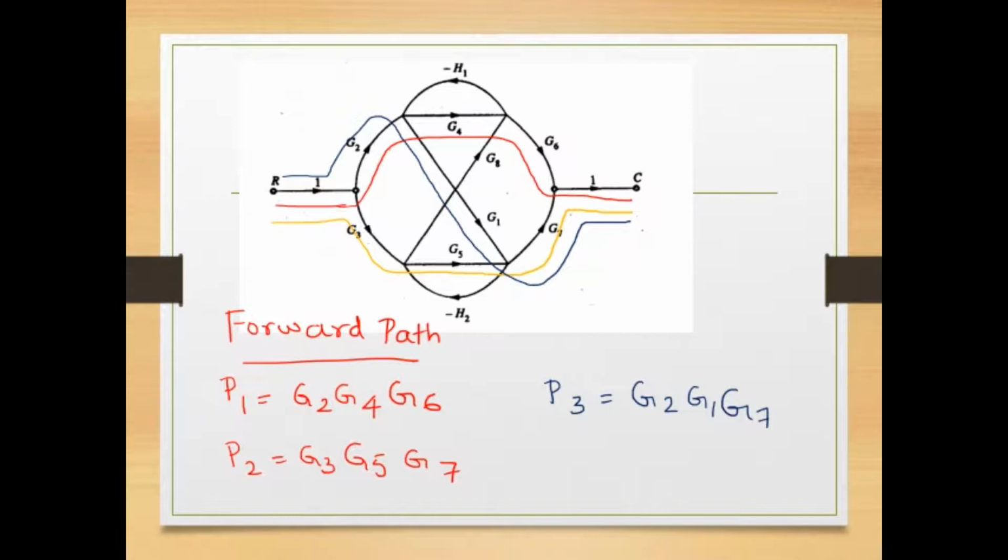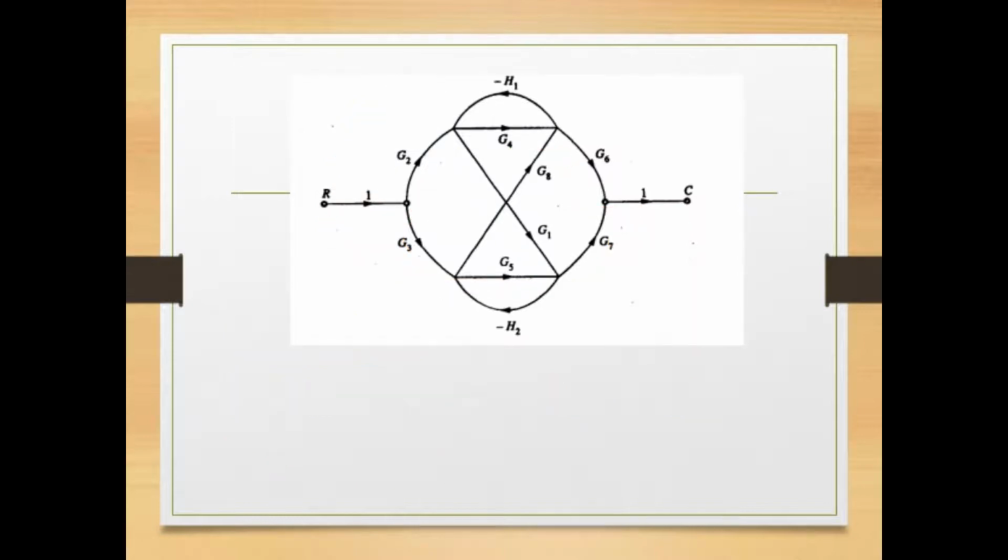There are a few more forward paths. The next forward path starts from the input node along G3, G8, G6 to the output node. So the fourth forward path gain is G3 G8 G6.